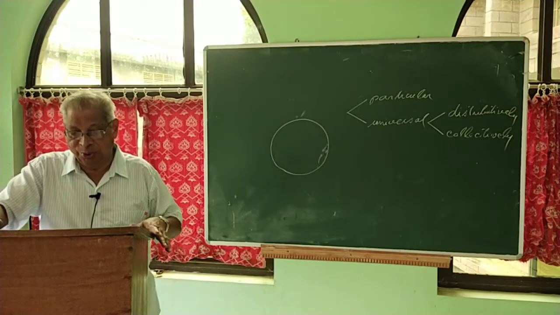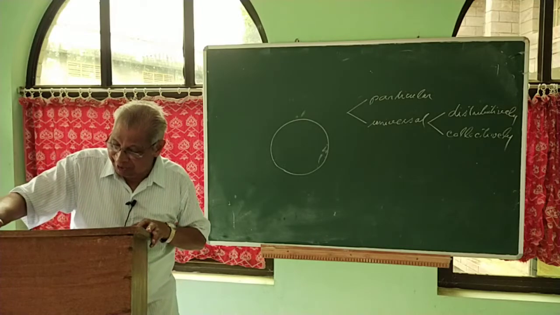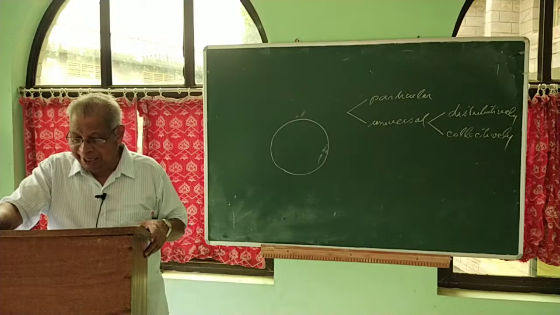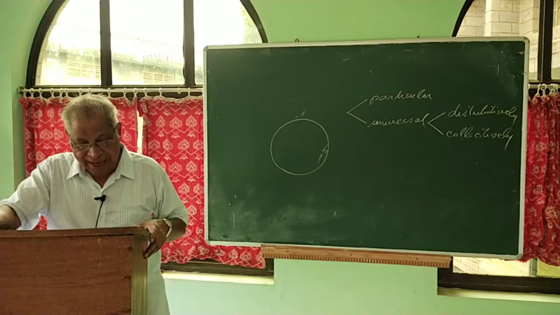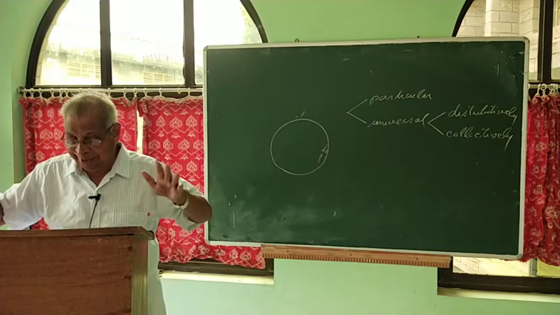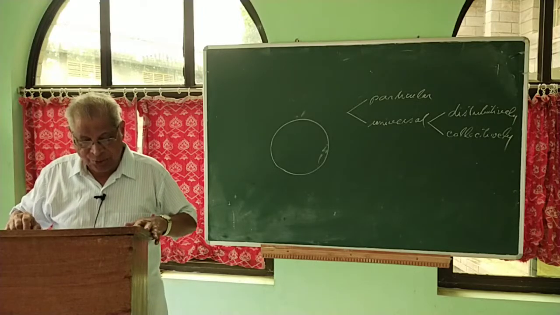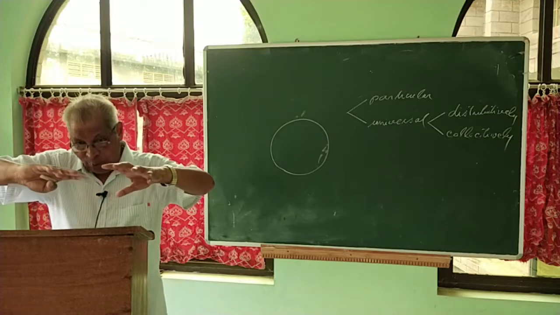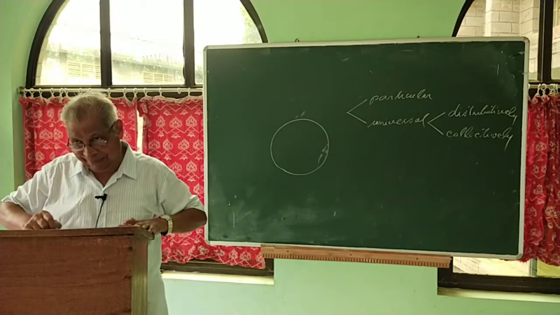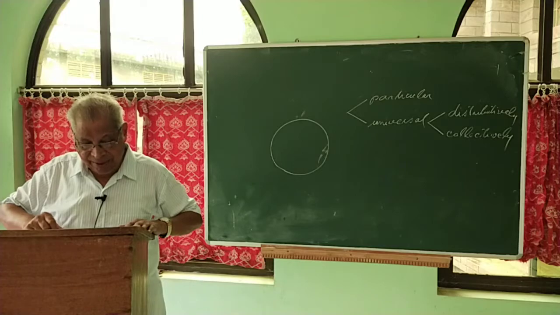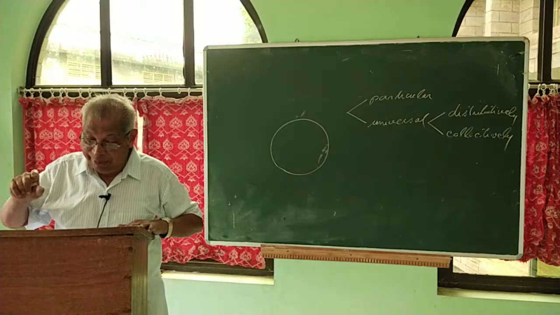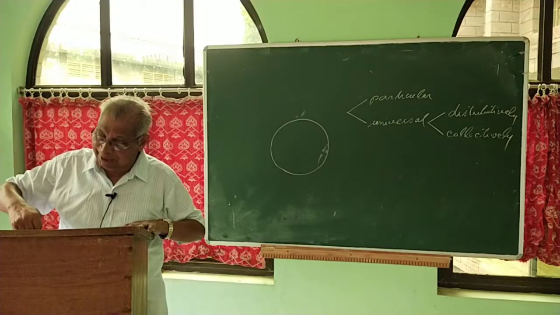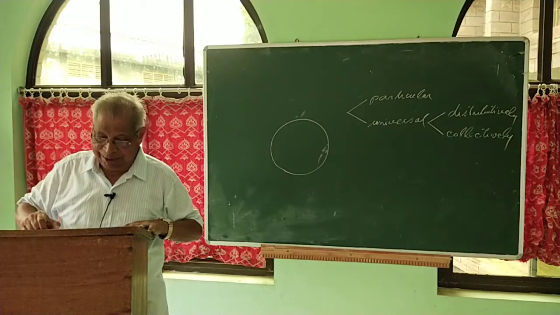How do you make that distinction? In the collective use, what is predicated is true of a class as a whole. We are speaking of the whole class, but not each and every member of the class. That's a collective use. An example will clarify.